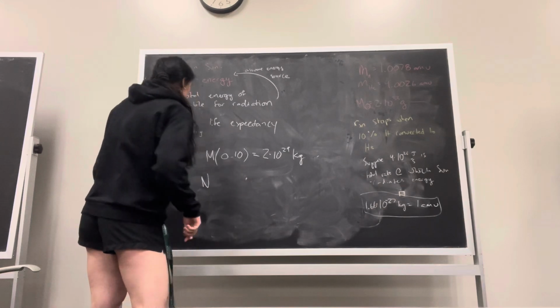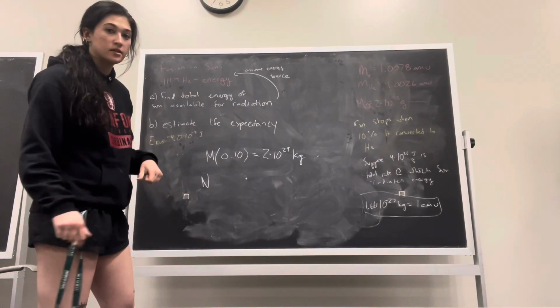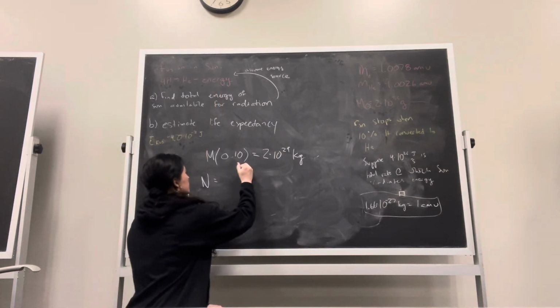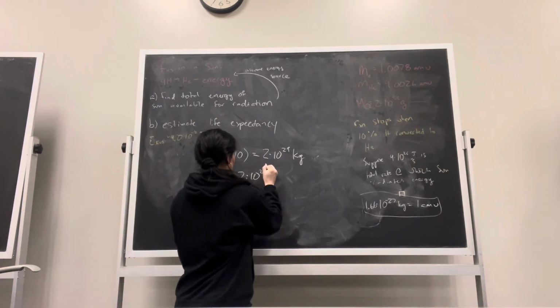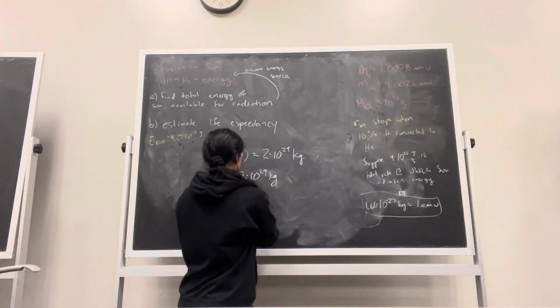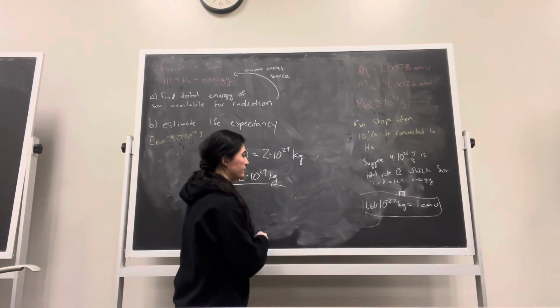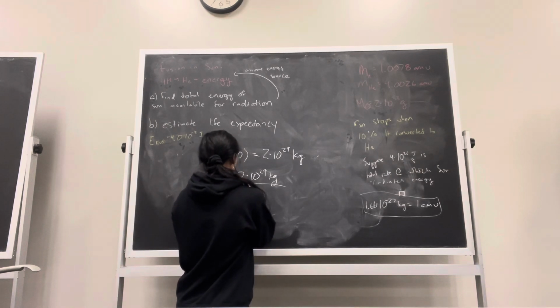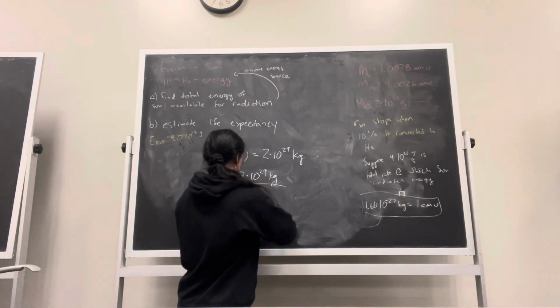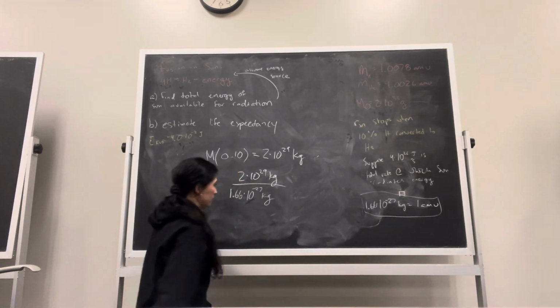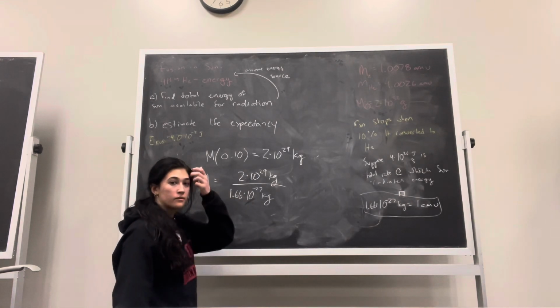Now, to calculate the number of times this happens, we want to consider this mass, 2 times 10 to the 29 kilograms. And we want to consider how many protons are in this mass. And we can do this by using the fact that 1 AMU is 1.66 times 10 to the negative 27 kilograms, right?